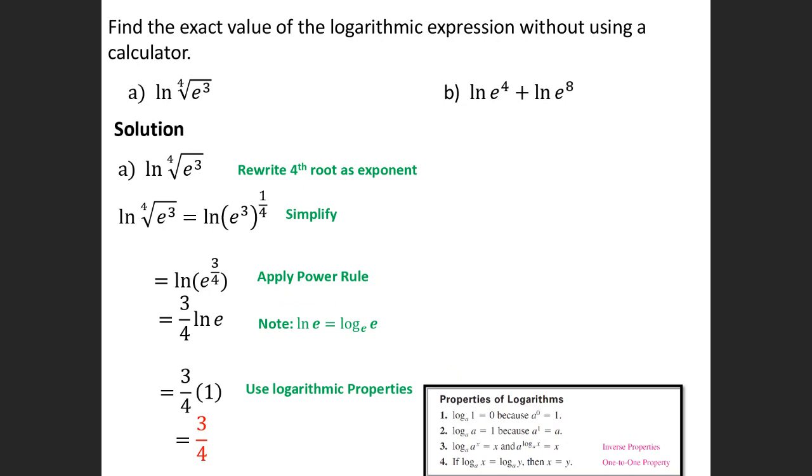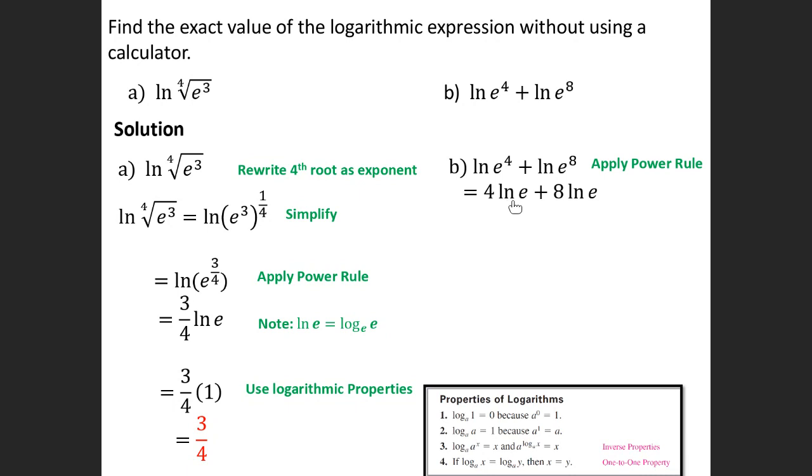Okay, so let's look at letter B. Here we have natural log of e to the 4 plus natural log of e to the 8. And so we can apply the power rule. We want to take these exponents to the front. And so the 4 is going to come to the front, and then the 8 is going to come to the front.